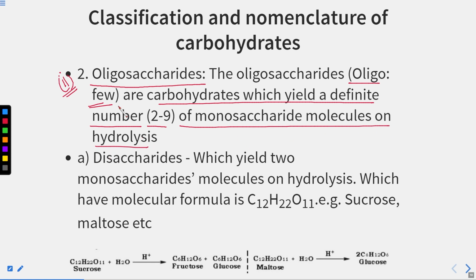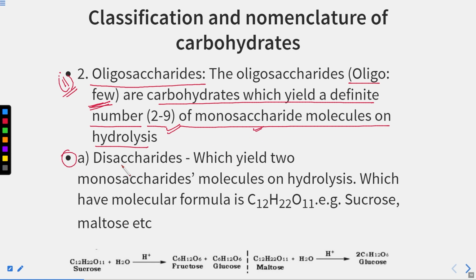So monosaccharides do not get hydrolyzed, but oligosaccharides are made up of a few monosaccharides, and when they undergo hydrolysis, they give 2 to 9 molecules of monosaccharides.